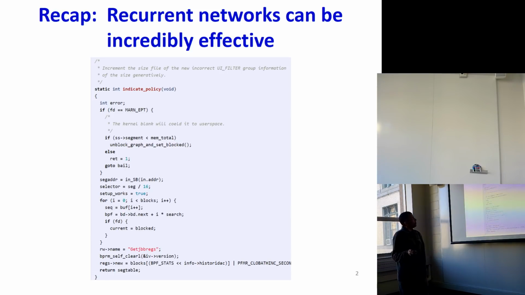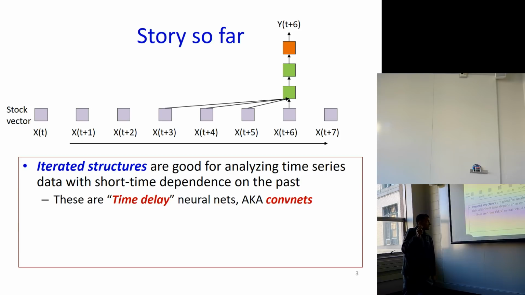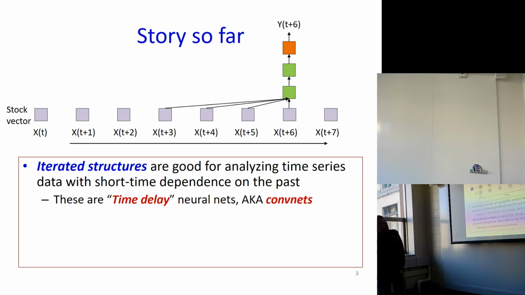So now what we've seen is that you can have iterated structures for analyzing time series. Recurrent networks are a mechanism for analyzing time series data. And the simplest mechanism for analyzing time series is to say any output is dependent on the current and past inputs. This was a simple iterated structure, which was also our time delay neural network.